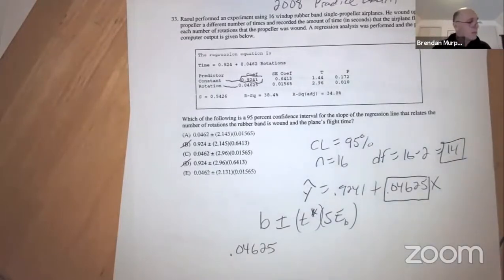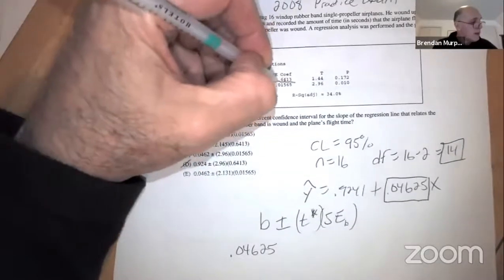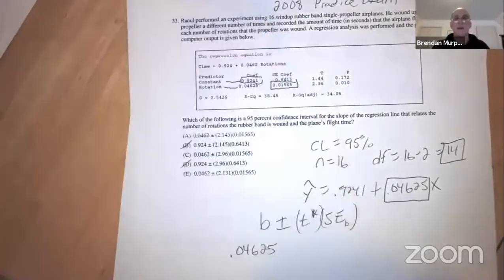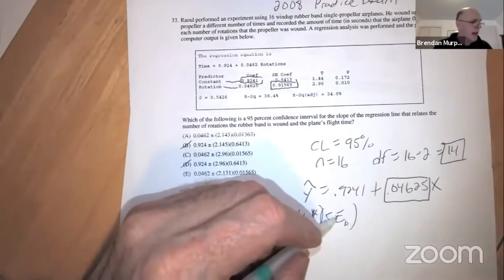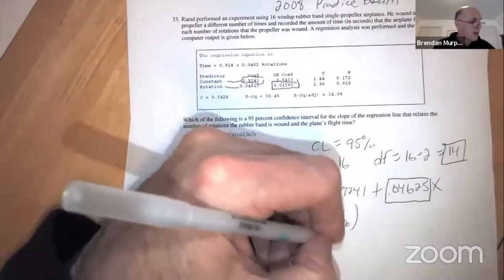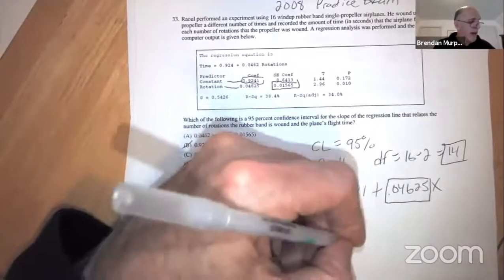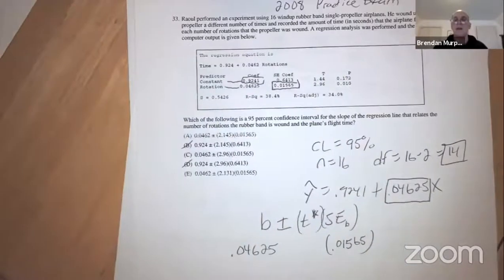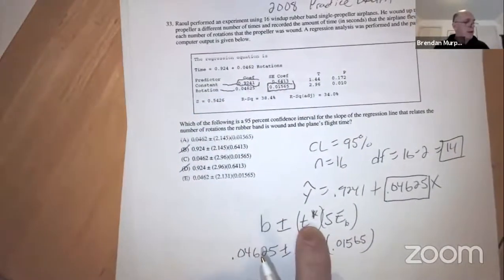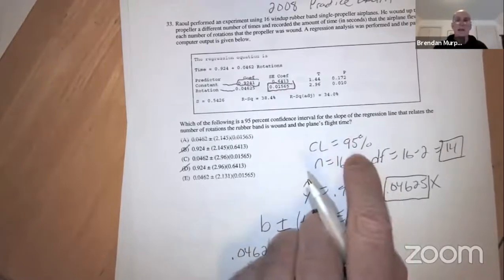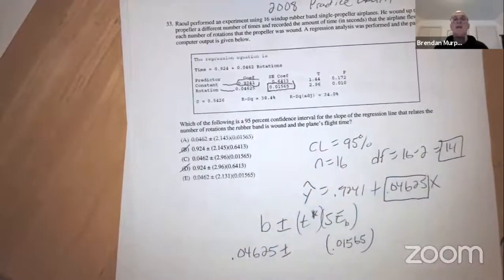The standard error of my slope is usually right next to the slope, so that's this number, SE b. I showed you that one slide, and it's no picnic to calculate on a piece of paper or even with my calculator. The formula is given to you on the formula sheet, but I don't think we would ever ask you to do that. So, my critical t value for 95% confidence with 14 degrees of freedom.